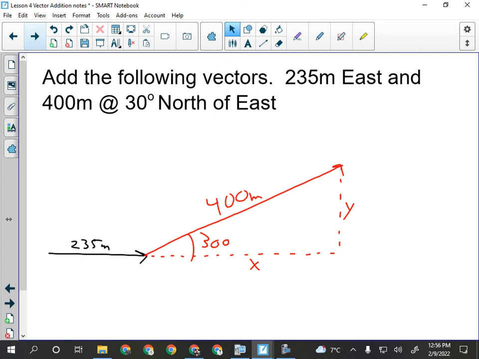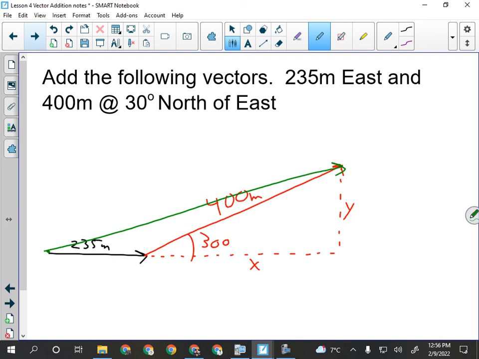All right, where would I draw a line that represents the total displacement? Ian, where would I put it? From the start to the end. Right, from the start to the end. So from here to there. Okay?